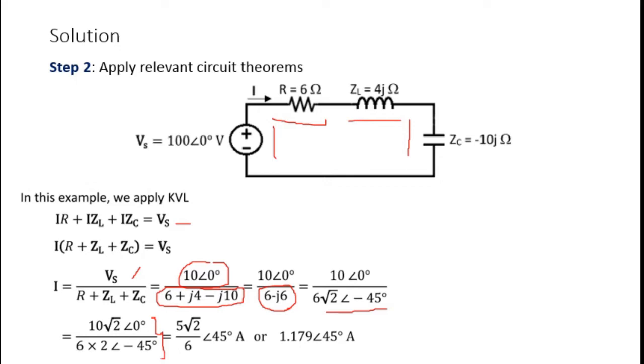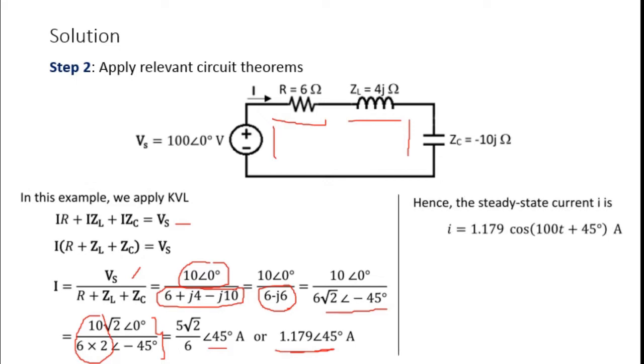algebraically. Multiplications. Okay, we have 10 over 10 square root 2 over the 6 times 2. And then the angle is 0 minus, in this case it will become plus 45 degree. So we change to the polar form, and get the steady state value straight away as indicated by this.